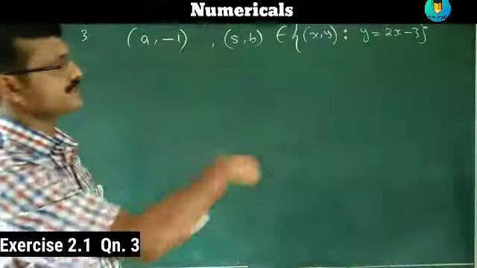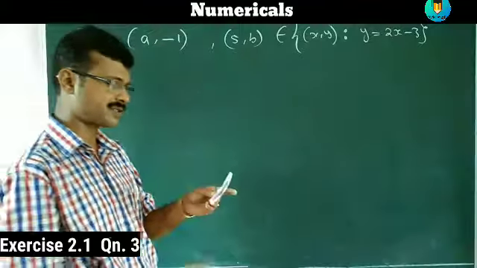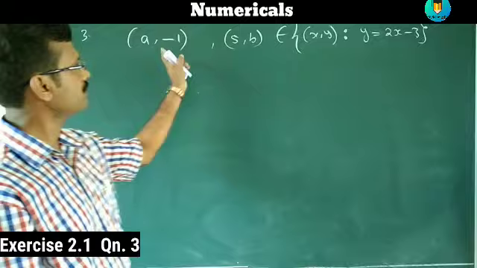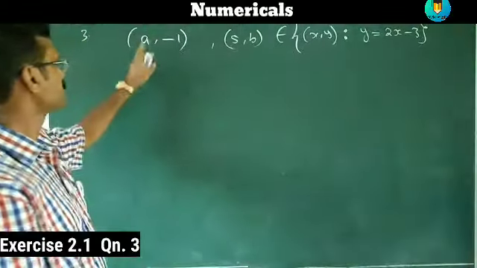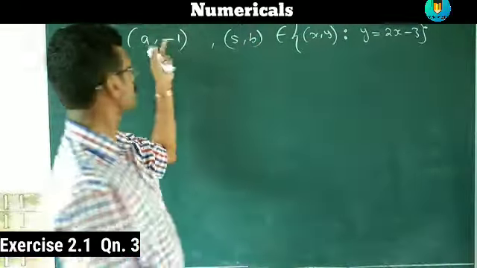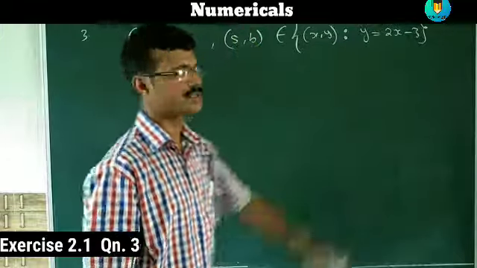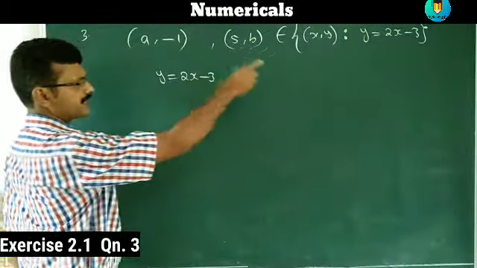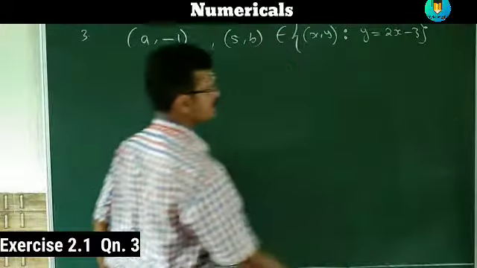If these two ordered pairs belong to that particular set, we have to find the values of a and b. So if these ordered pairs belong to this set, there is one linear relation given: y is equal to 2x - 3.